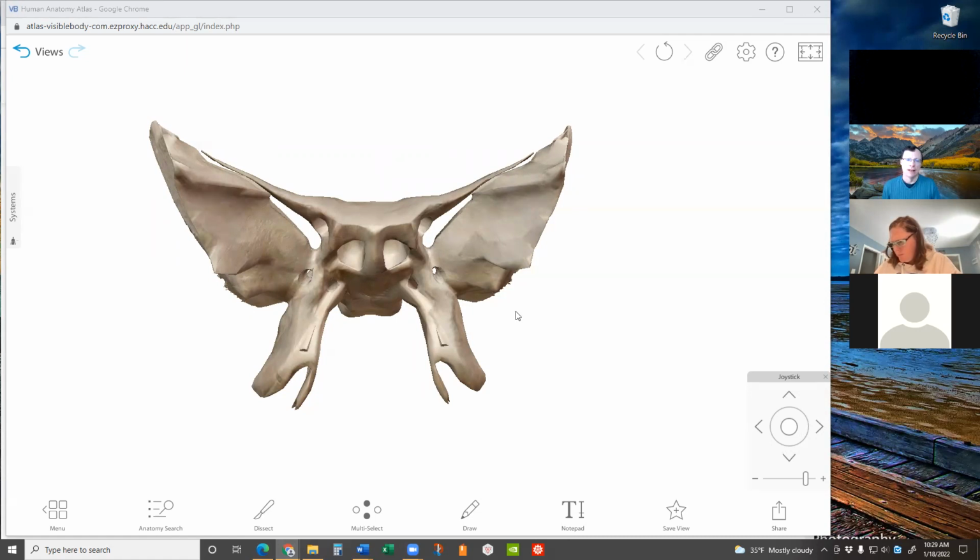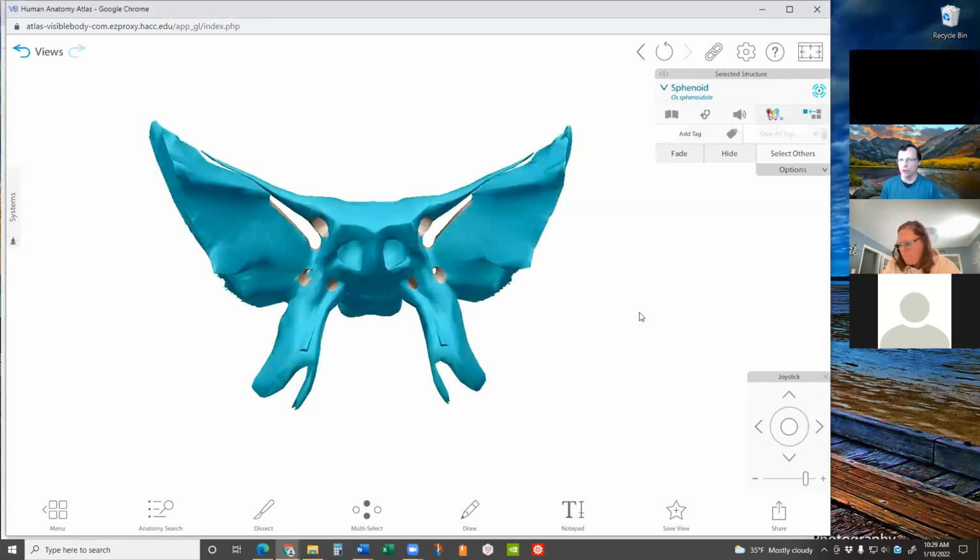Go ahead with the bone you have on your screen and just put your cursor on the bone and click it so the bone turns blue. Now, if the bone turned blue, here's what I want you to do.